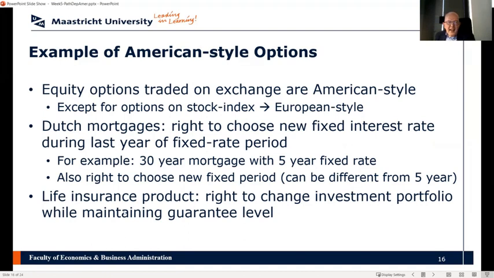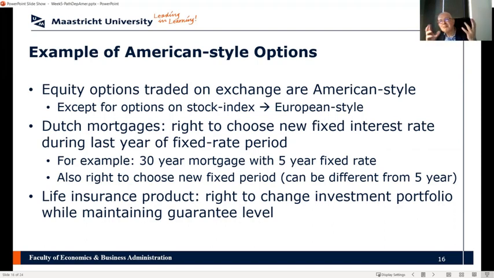Then if we have life insurance products, typically with guarantees, many life insurance products allow you to invest in an underlying investment portfolio. And then you sometimes have the right to change the composition of your investment portfolio during the life of this insurance product, but the guarantee level basically stays the same.